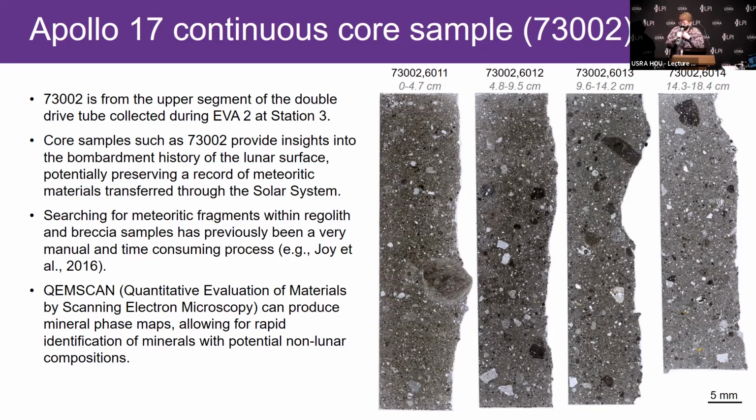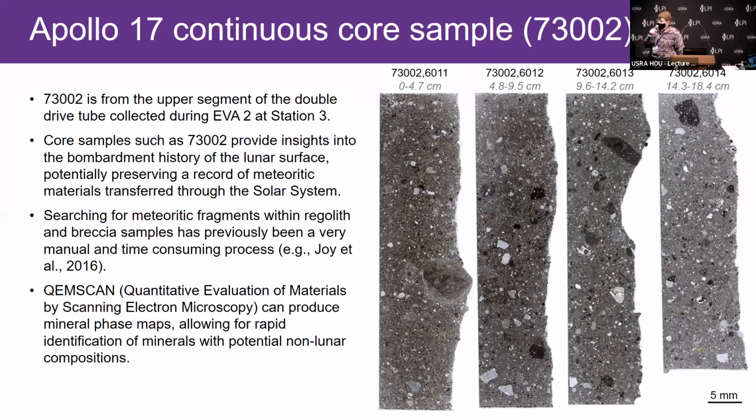Because cores like 73002 are really important because they potentially provide insights into the bombardment history of the lunar surface, and in turn they might preserve a record of some meteoritic materials that may have been transferring through the solar system, and that can tell us a lot about the bombardment history of the moon.